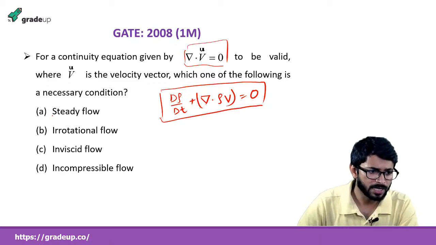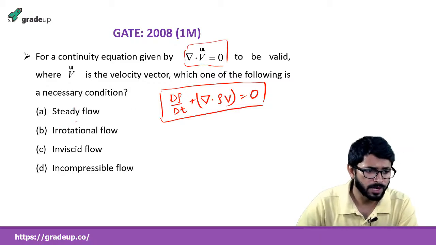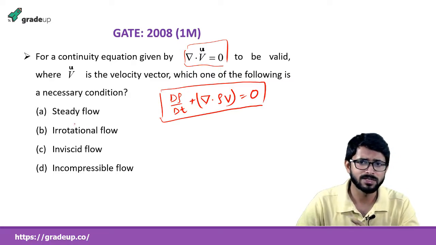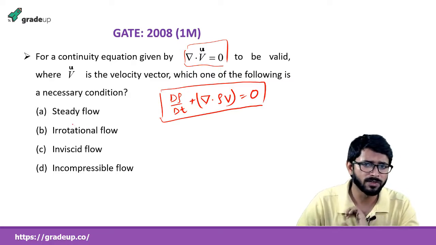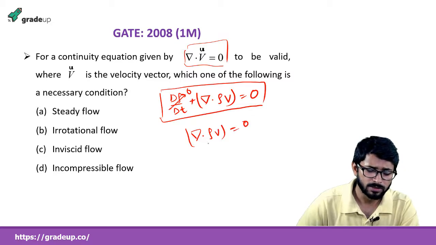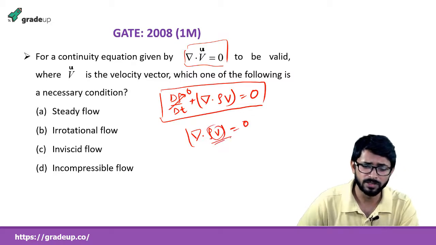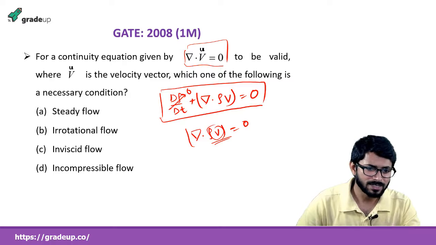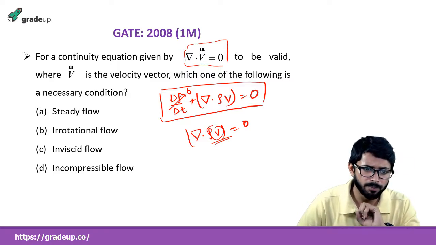Now first check for the steady condition. If we have the steady condition, it means the properties of flow don't vary with time. So this particular term comes out to be 0. So what will we have? Del dot rho v equal to 0. This is the divergence of rho times v. Here density isn't varying with respect to time, but it may be varying from one location to another.